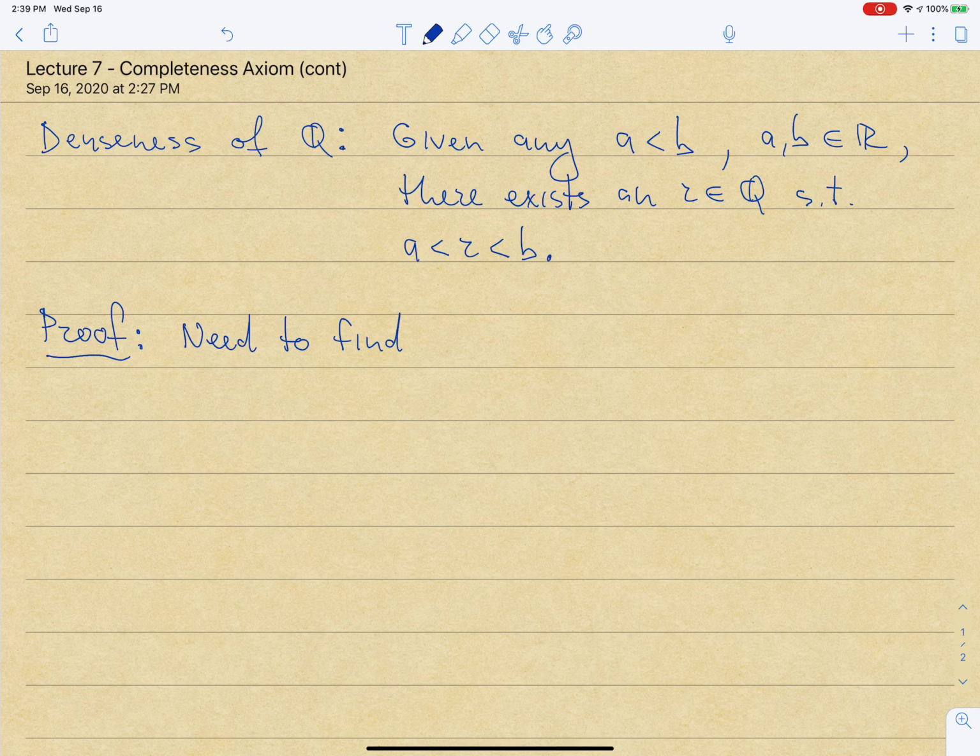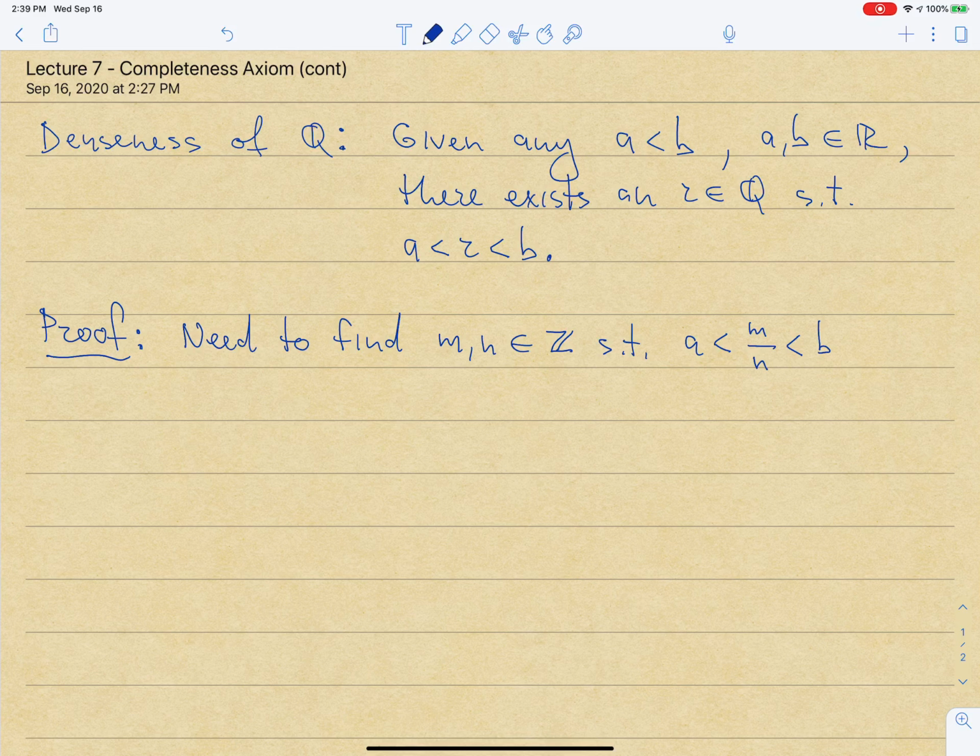So we need to find m and n, both integers, such that a is less than m over n less than b.